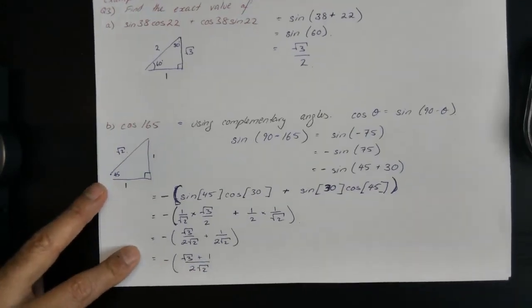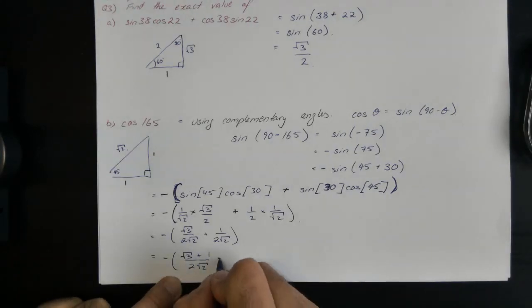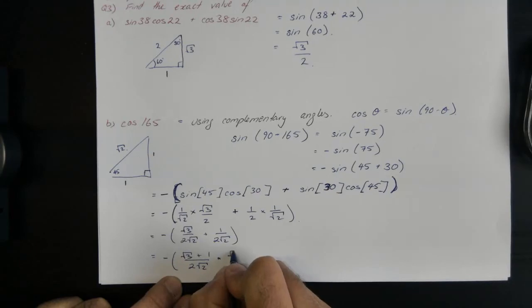And now, because I want to have a rational denominator, I'm going to multiply it by square root 2.